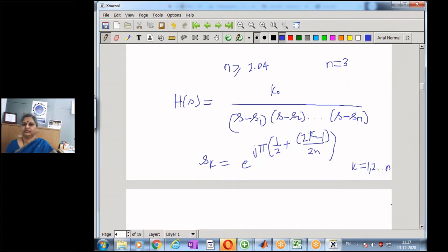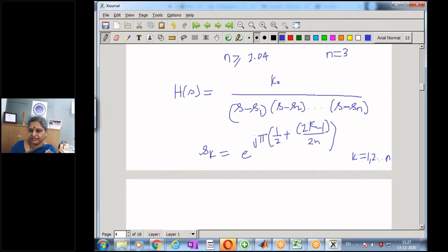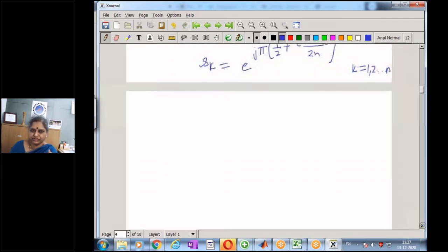This we have seen. So once I compute n, I can get the transfer function H of S.